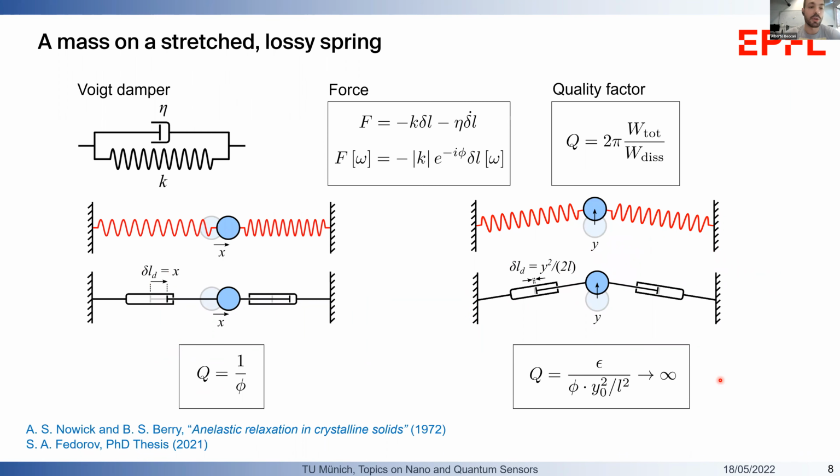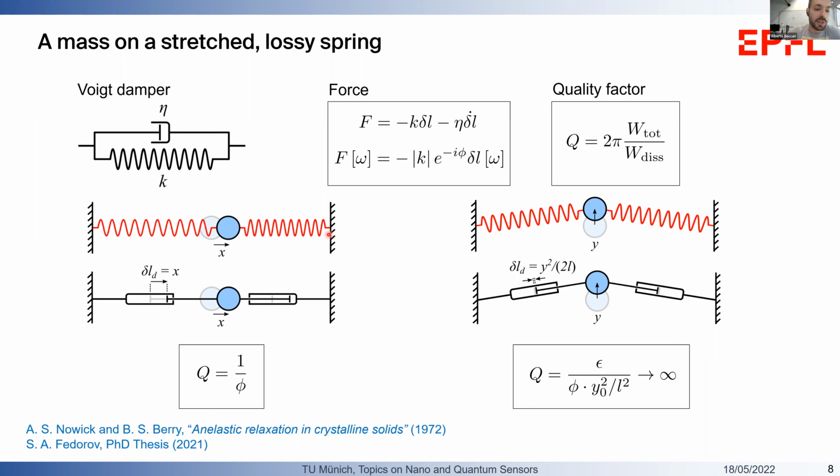Now we want to study the dissipation properties of such vibrations. So we introduce formally a viscous element, a simple element called a Voigt damper, that basically introduces a dissipation which is proportional to the velocity, or the rate of change of the elongation of the springs. We put one in parallel to each of the springs, and then we compute the quality factor by the definition, basically: the ratio of the total mechanical energy of the oscillation motion divided by the energy lost in a single cycle, in a single period of oscillation.